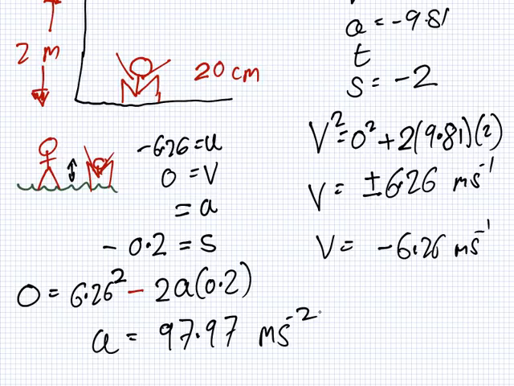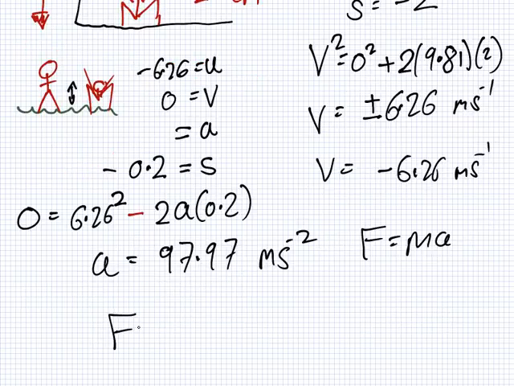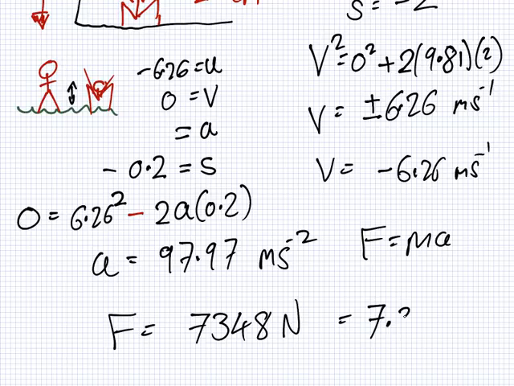Is that what I wanted, or did I want the force? So, F equals ma. What's his mass, please? 75 kg, wasn't it? So the upward force is 7,348 newtons, or if you want, 7.35 kilonewtons.